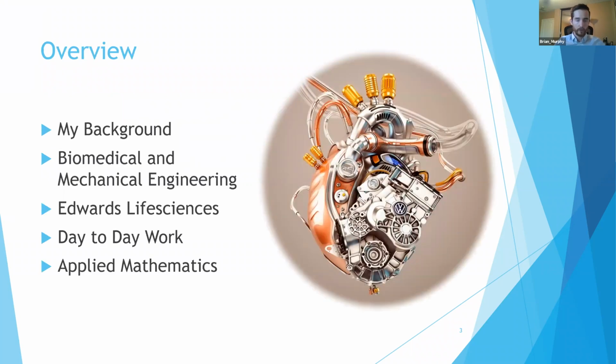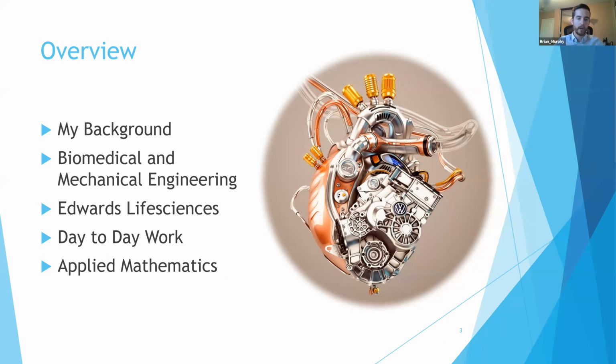So, an overview of where we're going today. My background is where we're going to start. Then I'm going to give an overview of what biomedical engineering and mechanical engineering are. I feel like there may be very narrow views of what both of those things are. In fact, they're very, very broad, so I'll take a look at that with you all.